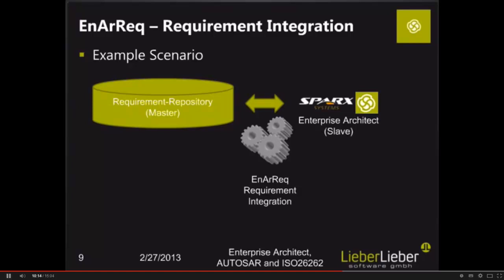And by including the elements from the requirement repository into Enterprise Architect, you can then relate these elements in the Enterprise Architect model to other elements like architectural elements and so on.